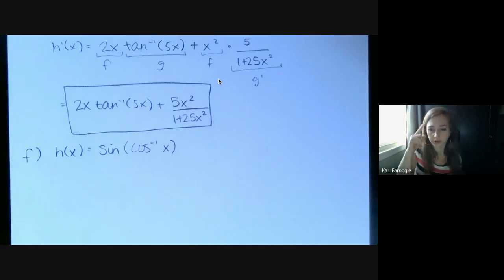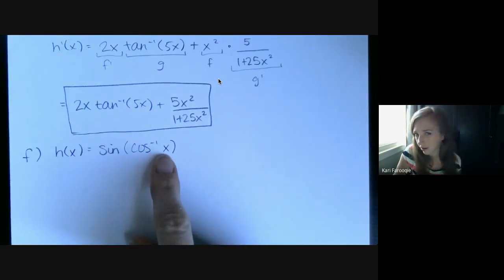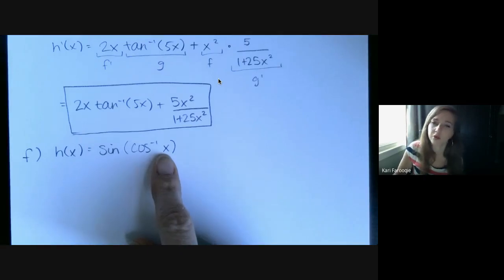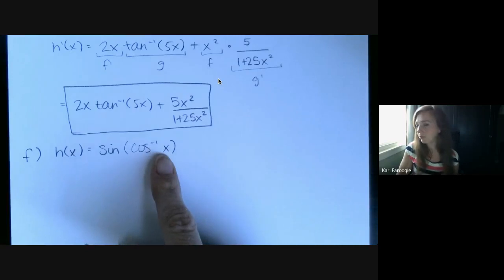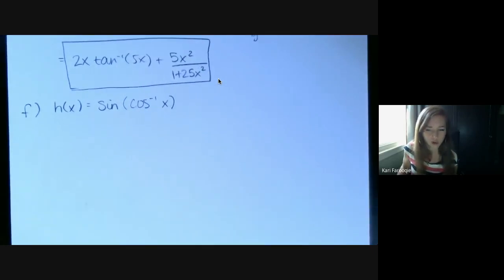It's one of those very subtle things that your mind doesn't want to accept. Because you're taking the sine of an inverse cosine of x. You're lucky that I didn't make this like x plus 1, or I guess x plus 1 wouldn't have made that big of a difference. But it could have been like the square root of x. And that would have been more of a doozy.